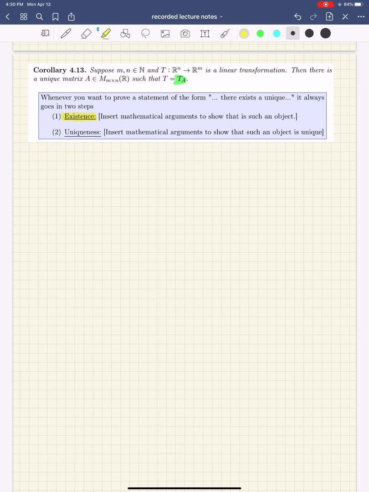And so this is what you usually want to show first. Because if you want to show there is a unique thing, you would want to show there exists at least one. So first you show it exists. And then secondly, you want to show that it's unique. And I will get a little bit more into detail on how to show that something is unique.